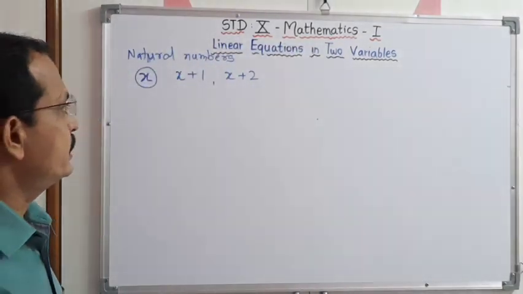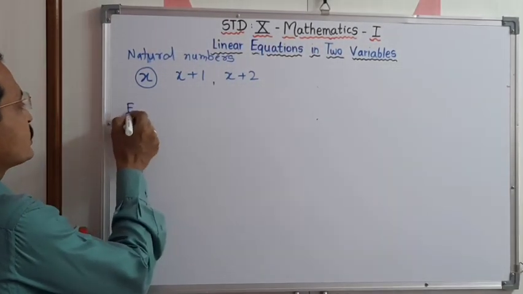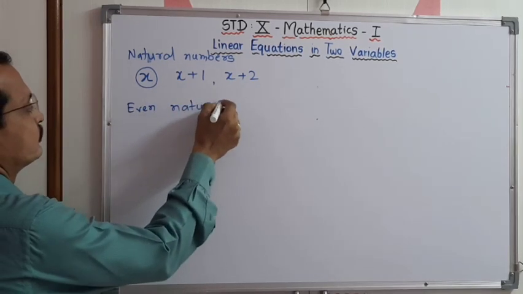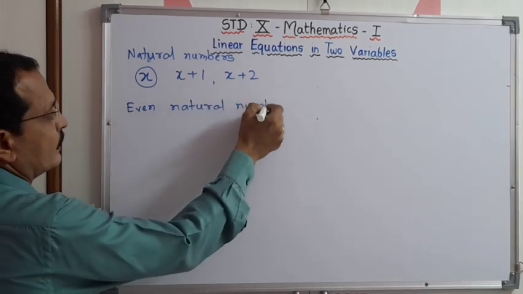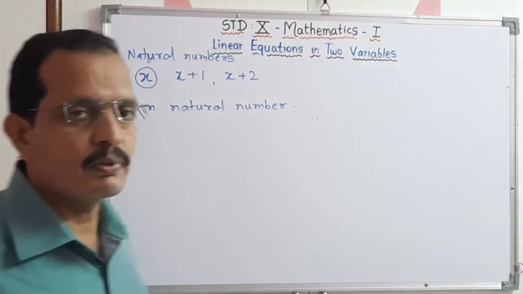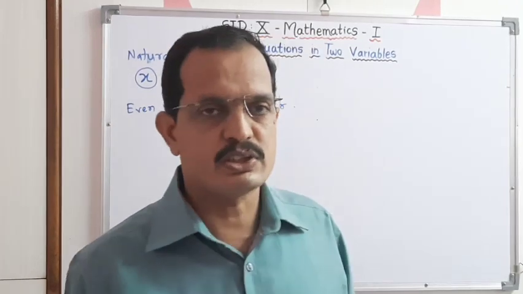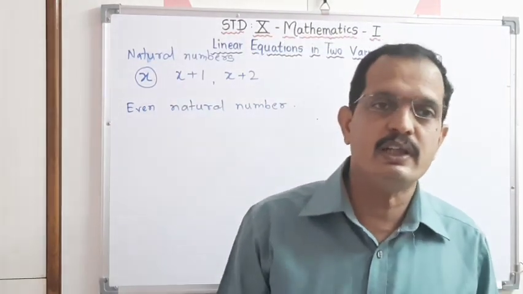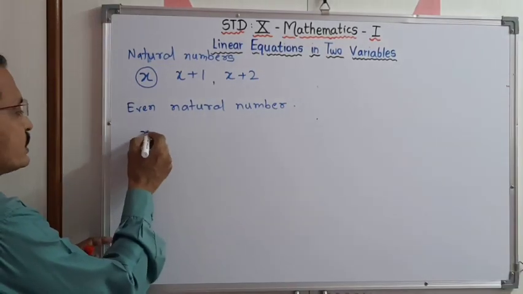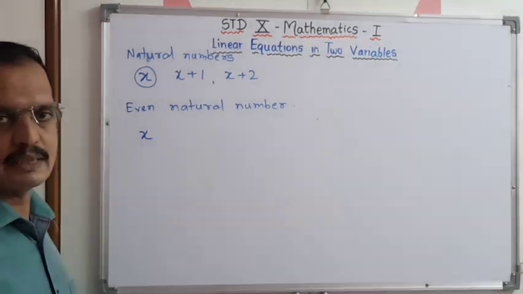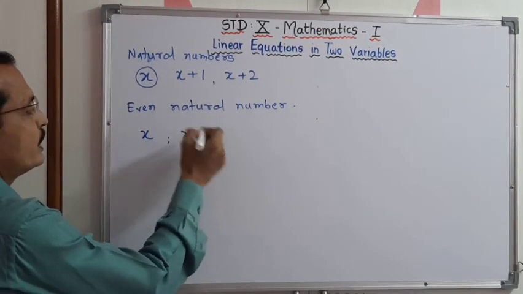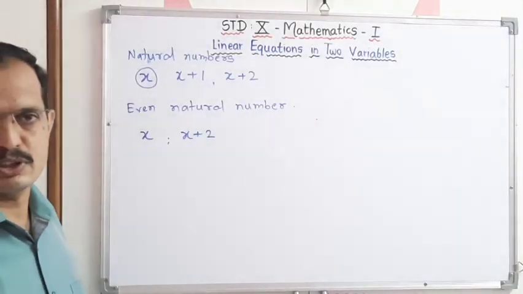If the question is related with even natural numbers, all of you know that the difference between two consecutive even natural numbers is 2. Therefore, if we assume the first even natural number is x, then the second consecutive even natural number will be x plus 2.